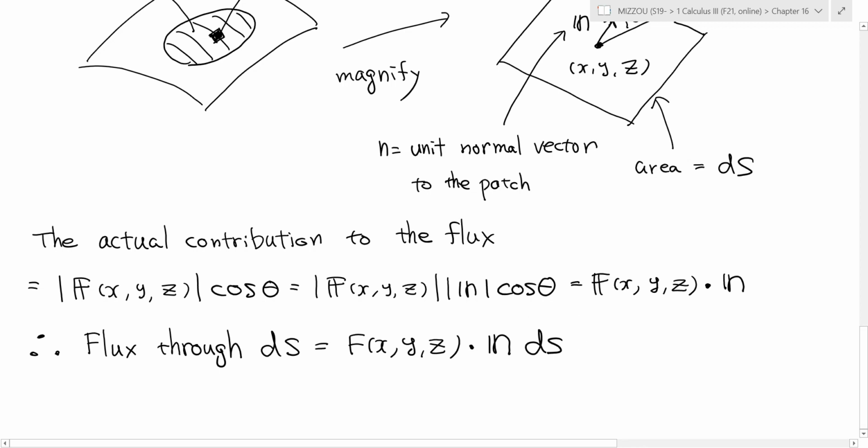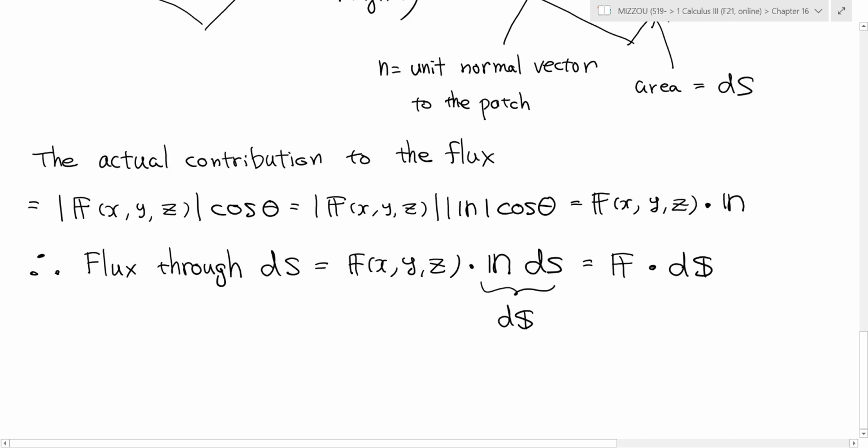Then, as just a notation, this is written as F dot dS. Okay, this is a notation. So we call this portion dS. This is just a notation.